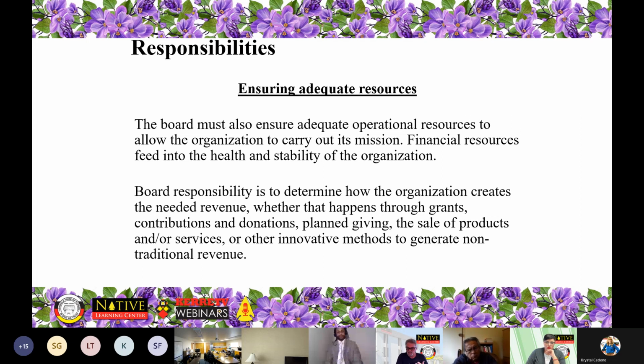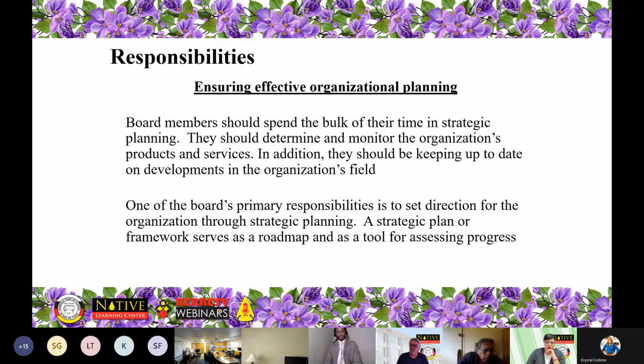Also, in the same vein, organizational planning. If we are successful in our fundraising initiative, if we are successful in the financial resources that we're trying to oversee as a board, then there's that third leg of the bench, so to speak. There are three legs holding up the bench, and on top of the bench sits our board of directors, but the third leg holding up that structure is organizational planning.